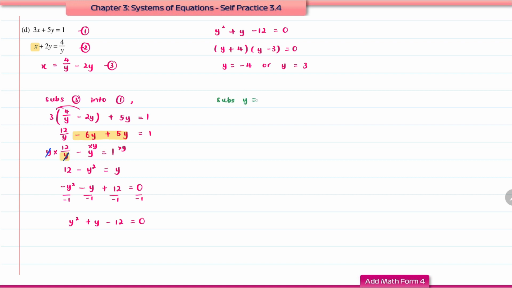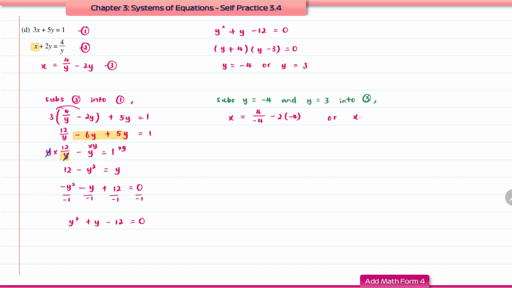So substitute the y equal to negative 4 and the y equal to 3 that we found into equations number 3. So x is equal to 4 divided by negative 4 minus 2 times negative 4.